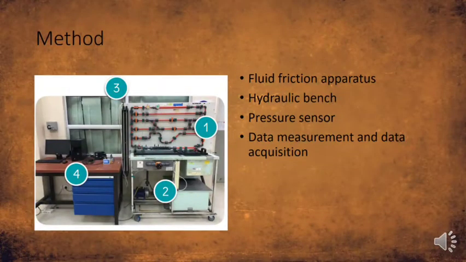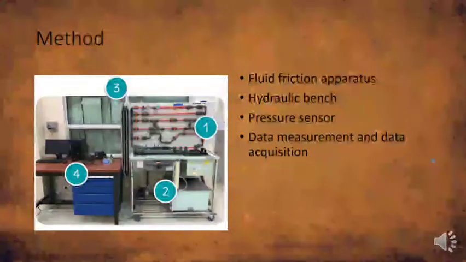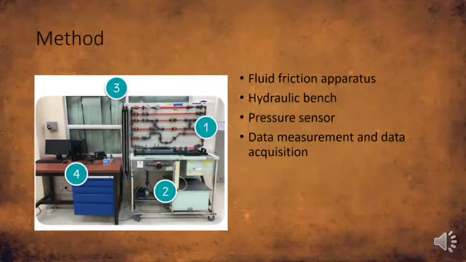How we run this experiment is, the first thing is we need to open all the valves that were closed, so that when we switch on the switch, the fluid can flow to all the pipelines.